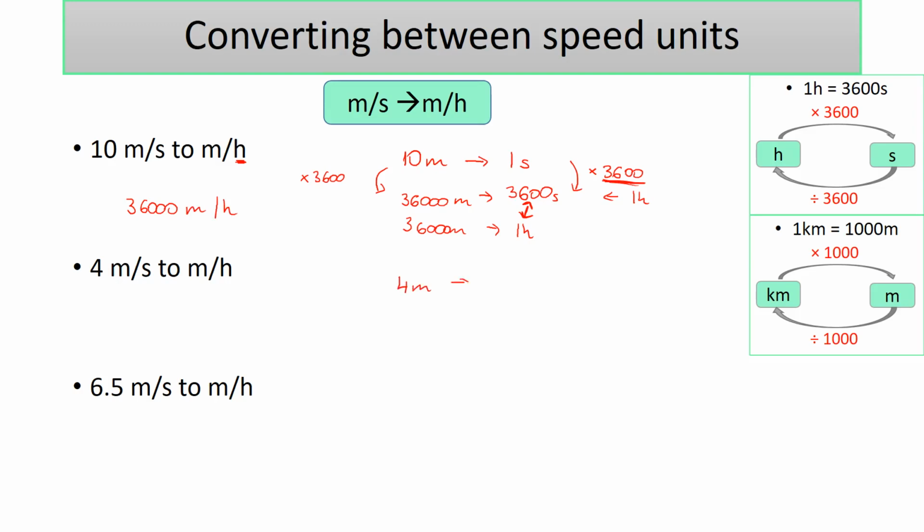In the next example, I've got 4 meters per second. So I have 4 meters in 1 second. I want to convert it to meters per hour. So it's still meters, but it's not per second. It needs to be per hour. So again, I need to times it by 3,600 on one side, and then I need to do the same to the other side.